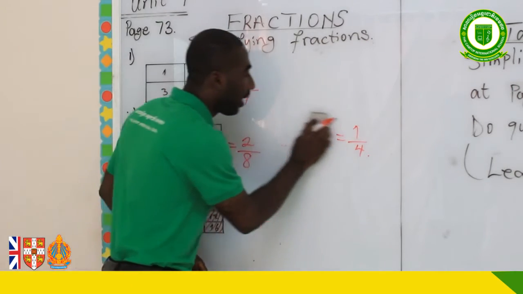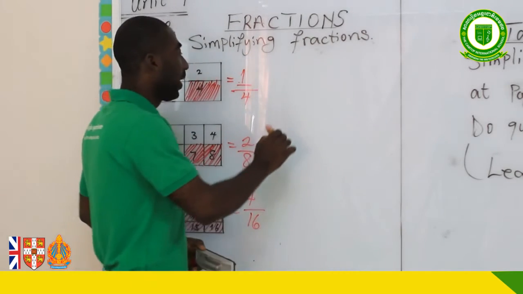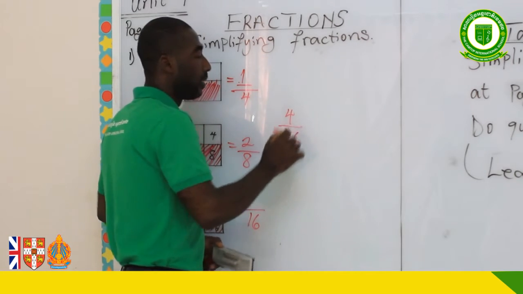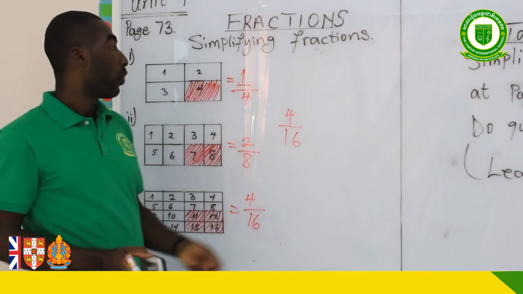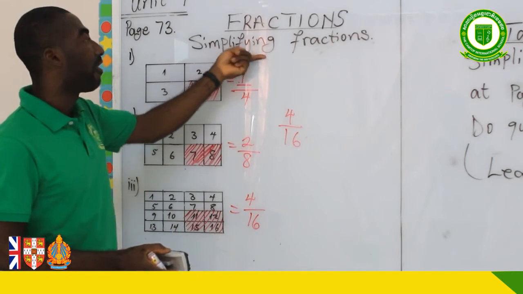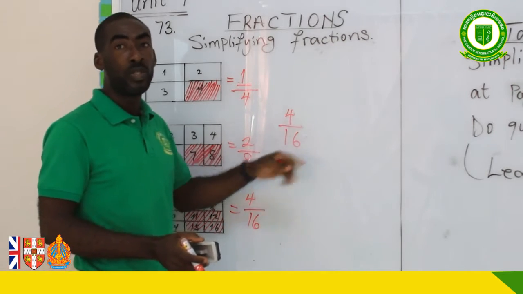Now let's see how we can simplify our fraction. Assuming we have 4 over 16, and we want to simplify our fraction to the smallest units. How do we do that?